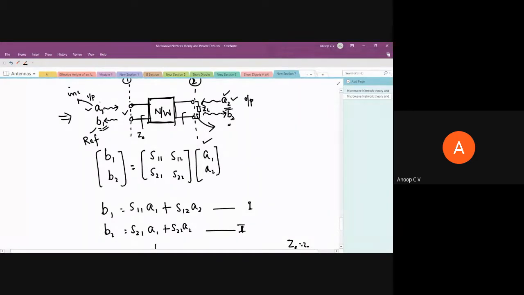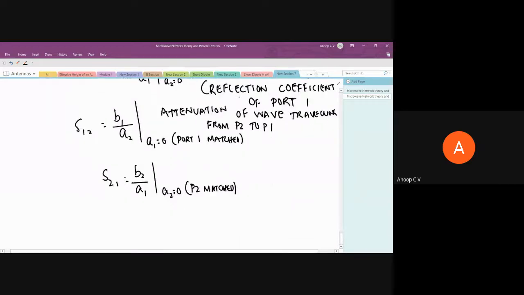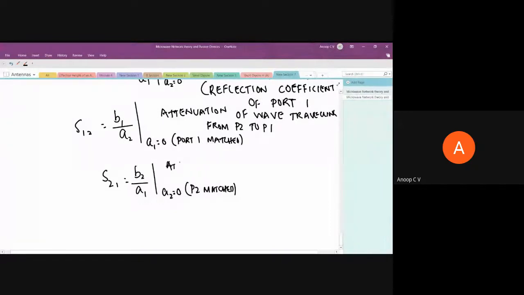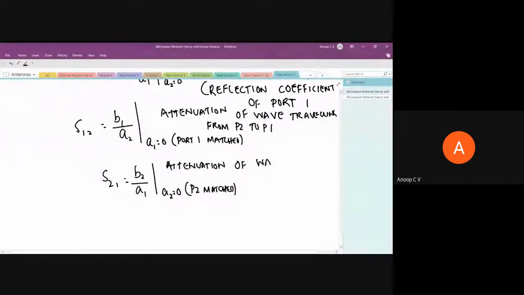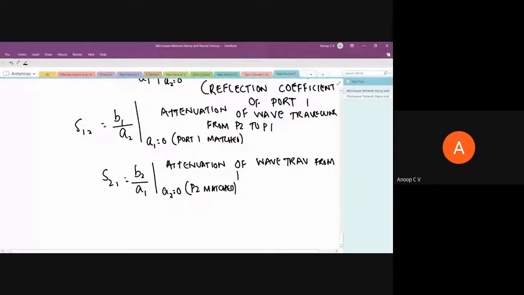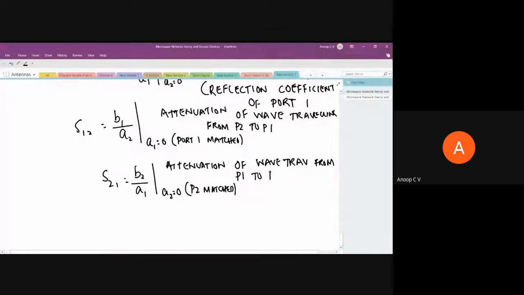Then if I am giving A1 at port 1, how much normalized voltage will be available at port 2? That is B2 by A1. It will again be attenuation of wave traveling from port 1 to port 2.